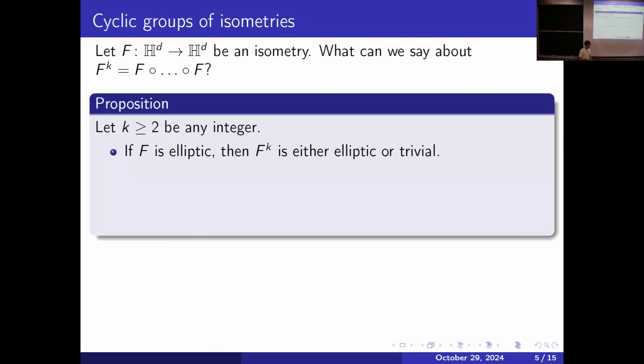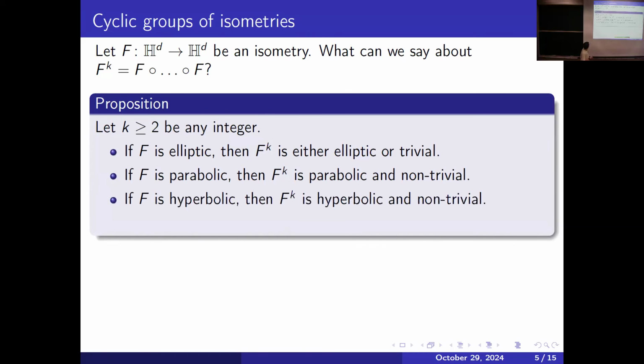So let us start with something more interesting. If F is elliptic, then any power of F is either elliptic or trivial. If F is parabolic, then F^k is parabolic and non-trivial. And if F is hyperbolic, then F to the power of k is hyperbolic and also non-trivial.